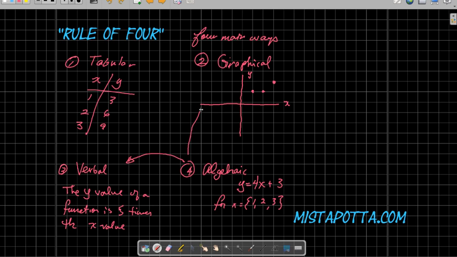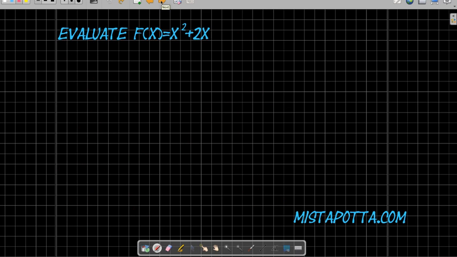Or I could graph each of those points and come up with a graphical description. Or I could take this equation and make a table out of it. As a matter of fact, any of these I can do. And that's one of the powers of the rule of 4, is that we can take any function and represent it in any of those 4 ways. What we're really interested in this class, though, is coming up and solving problems using functions.